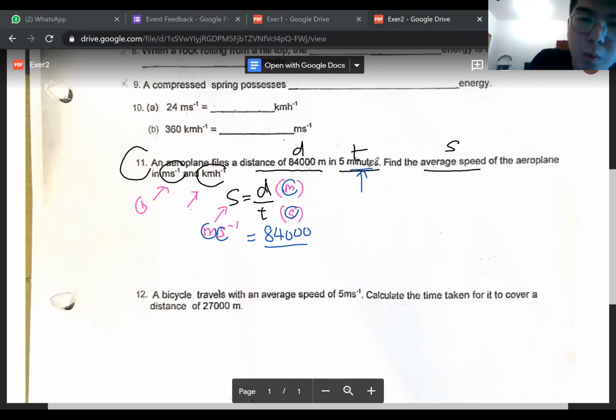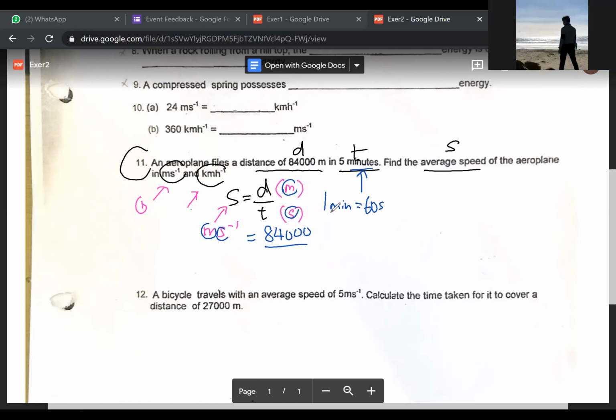Okay, 5 minutes. Now, we know that 1 minute equals 60 seconds. But how about 5 minutes? 5 minutes, then you times 60. You get 300 seconds. You have to change it to second.